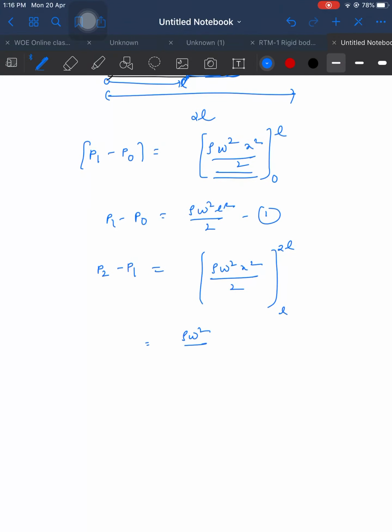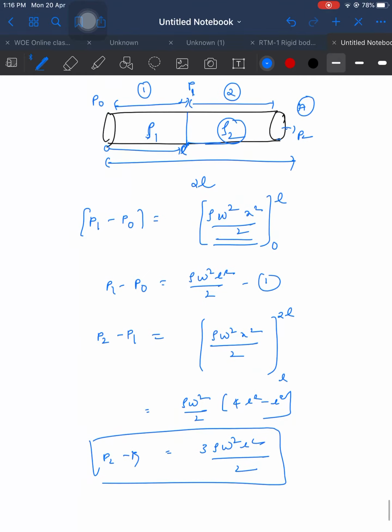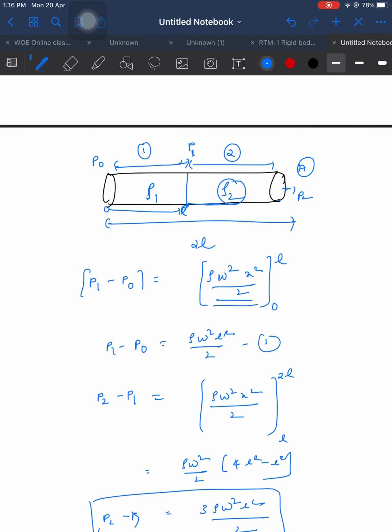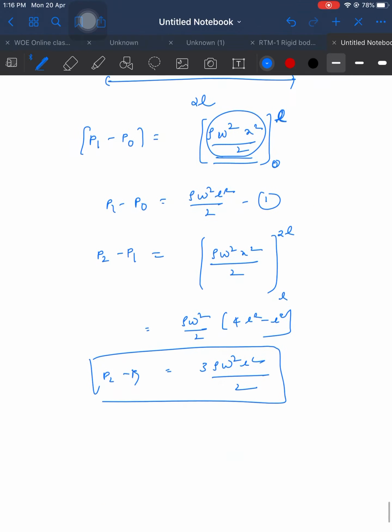Rho omega square by 2, 4L square minus L square, so 3 rho omega square L square by 2 is P2 minus P1. Whatever the case may be, don't forget the limits. You write this part, and at the last you substitute the limits, 0 to L or L to 2L or 2L to 3L, whatever it may be.